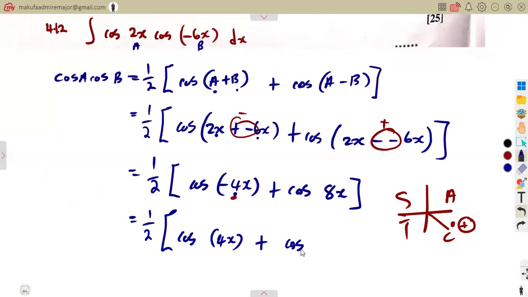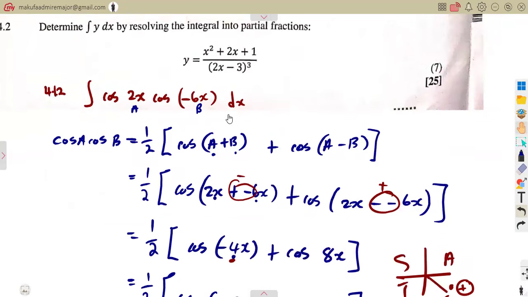So that is cos 8x. You can write it that way, which is fine, or you can present it as a negative like that, it's up to you guys. There was no effect there.